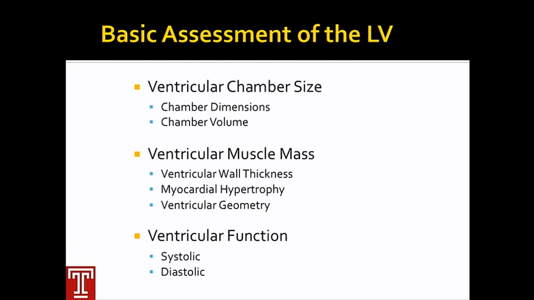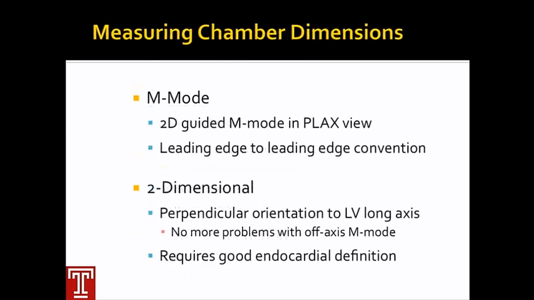And you're going to be hearing a lot about assessment not only of systolic function but also of diastolic function using various techniques in echocardiography over the course of the next 4 days. In terms of measuring chamber dimensions, there are basically two ways.